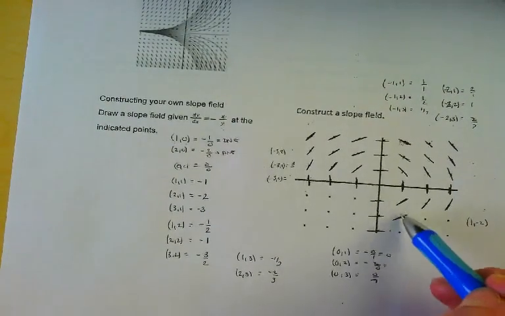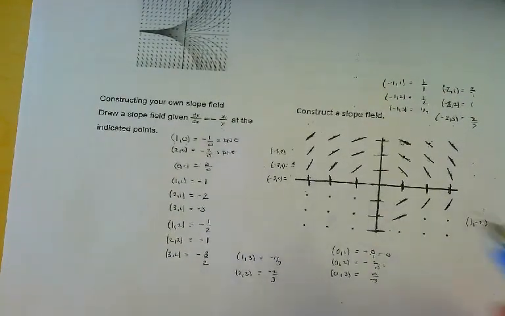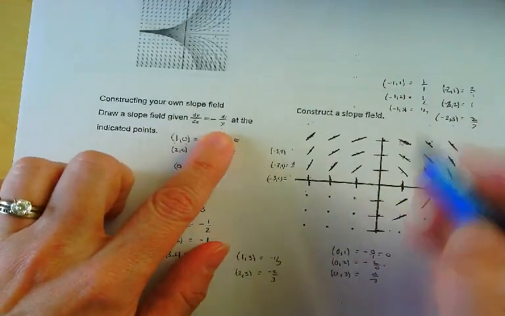Watch that steepness. Always just keep making sure you're aiming at a particular slope. Negative 1, should be negative 1.